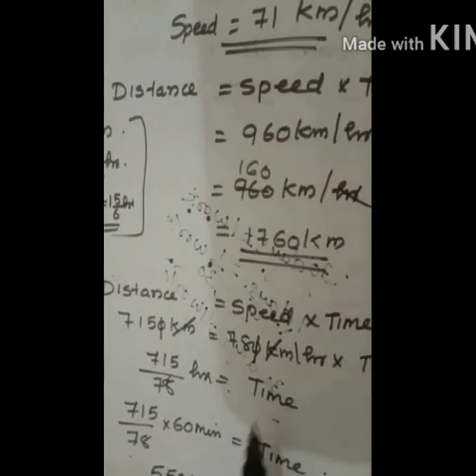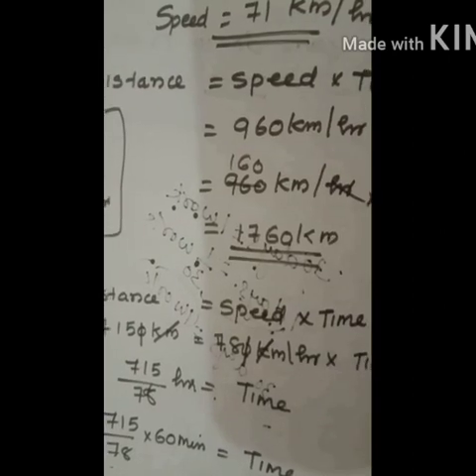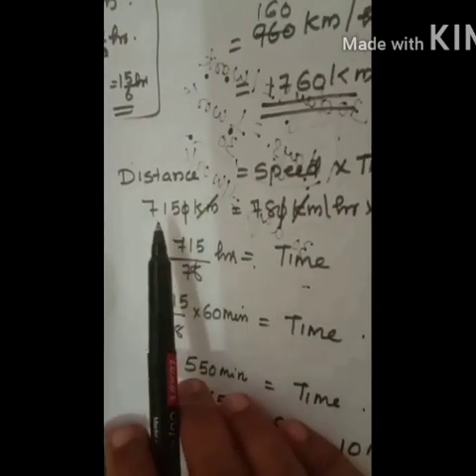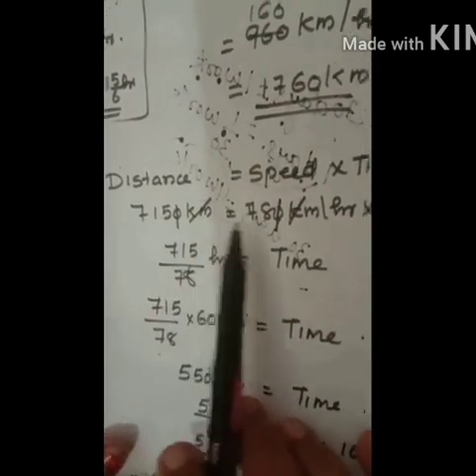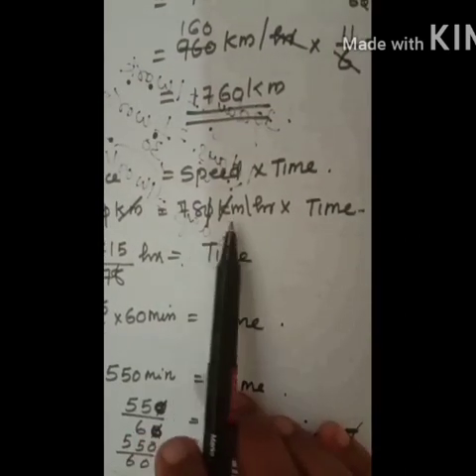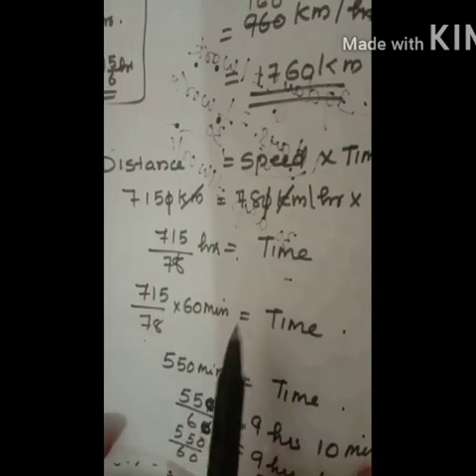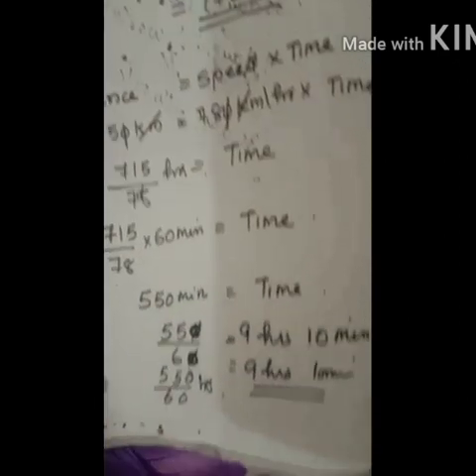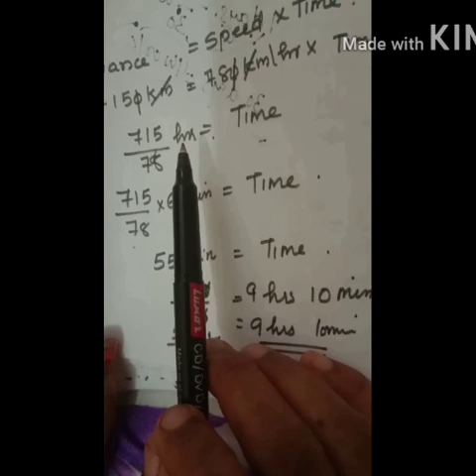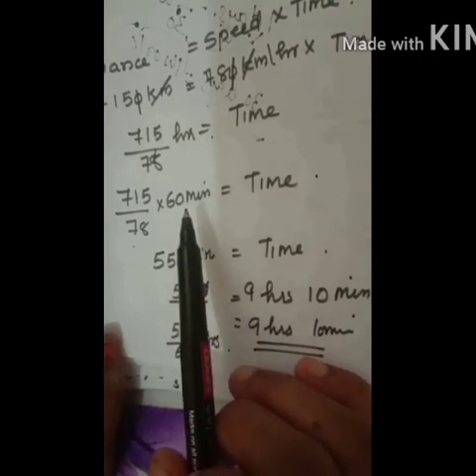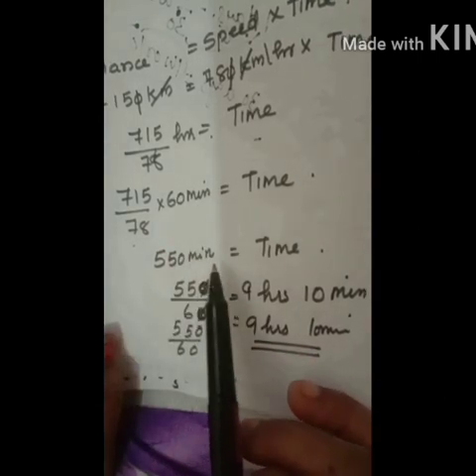Question number 3. Distance equal to speed into time. Put the value here. Distance given 7150 kilometer. Speed given 780 km per hour. Time you have to find out. Cut out, you will get the answer. Here it is in hours. You have to convert hours to minutes. 550 minutes.